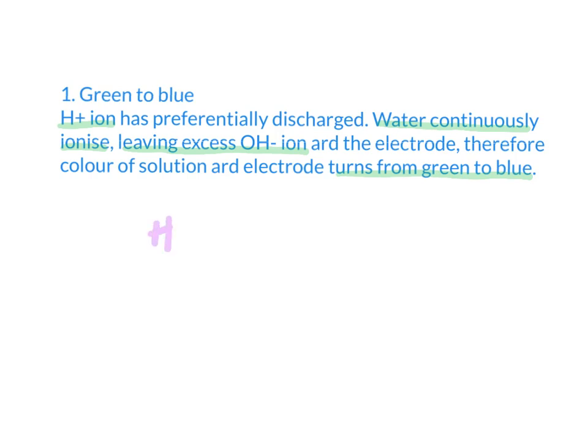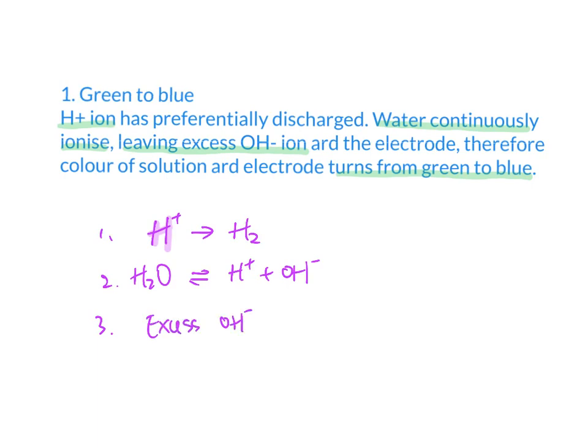First, H plus ions discharge. Water continues to ionize, giving H plus and OH minus. Therefore, excess OH minus remains. These are the keywords you're going to say: H plus ions are discharged, water continues to ionize, leaving excess OH minus behind. Therefore it turns blue.